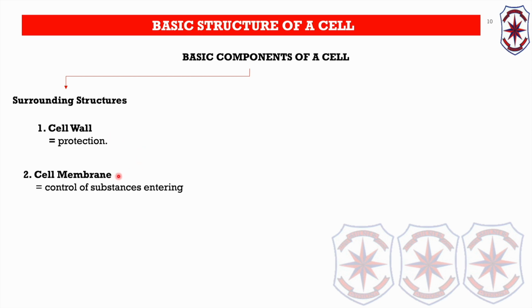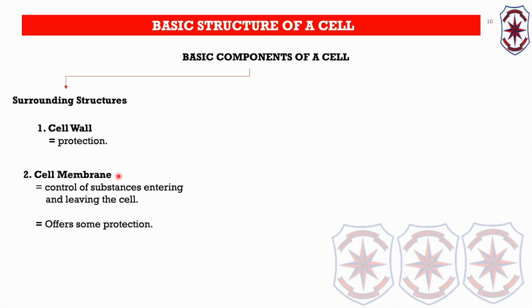Now, the cell membrane is there for permeability. It controls the substances entering and leaving the cell. So the main function of the cell membrane is to separate the cells from the outside environment and control all those substances that move in and out of the cell.